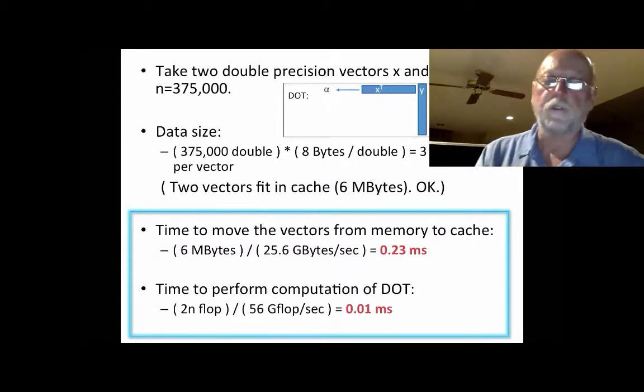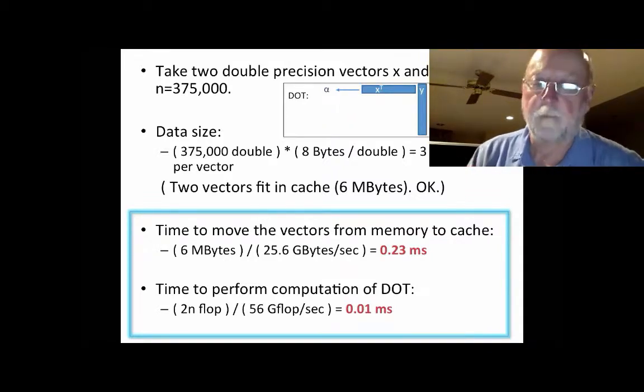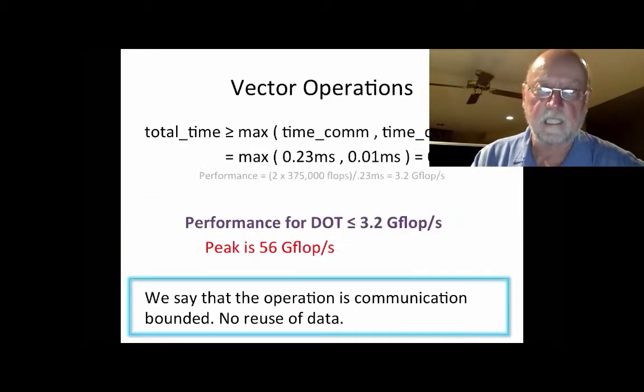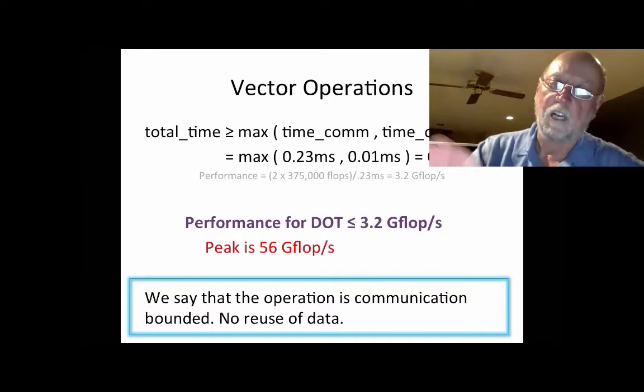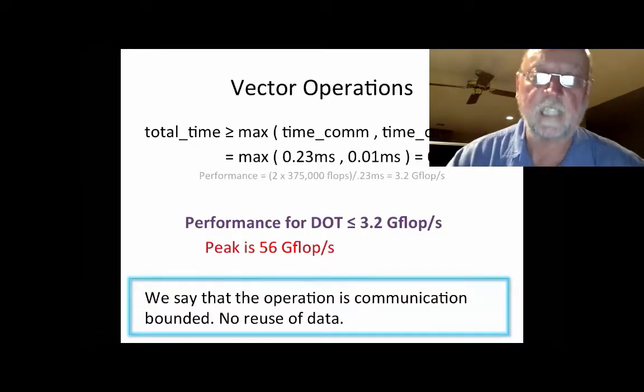In order to do the floating point operations, I'm going to do 2n floating point operations at a certain rate, 56 gigaflops. So the floating point operation time takes 0.01 milliseconds. So the floating point execution rate is insignificant compared to the transfer rate for these things. So we can think about overlapping those, if you will, and the transfer time is the thing which takes the most time.